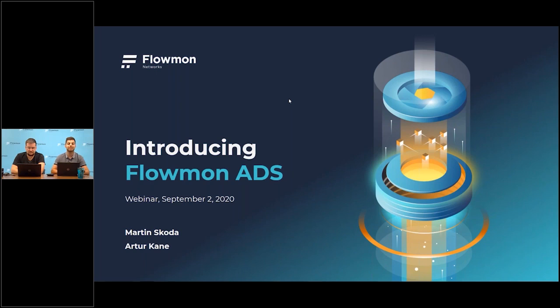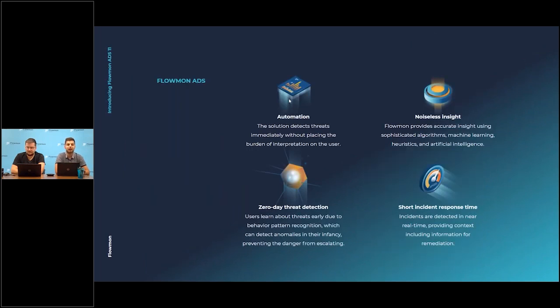So Flowmon ADS is our cybersecurity detection engine and software for analysis of network traffic from the perspective of security. What it does, it automates detection and it helps you to save the time on actually figuring out root causes, impact of different types of incidents in your environment.